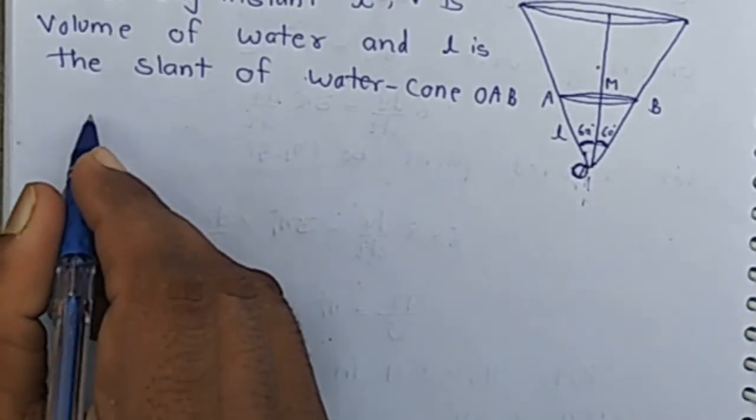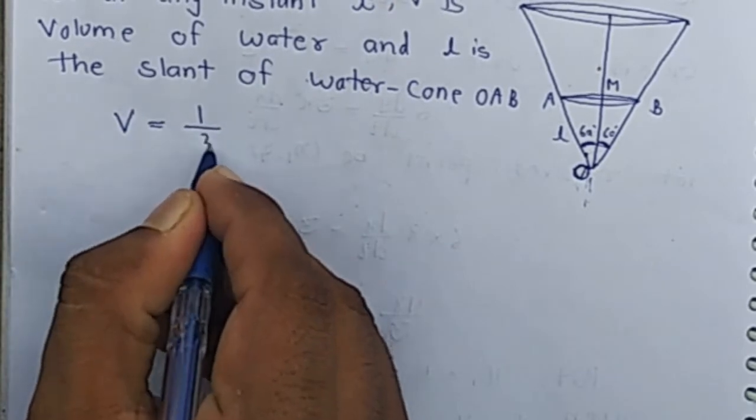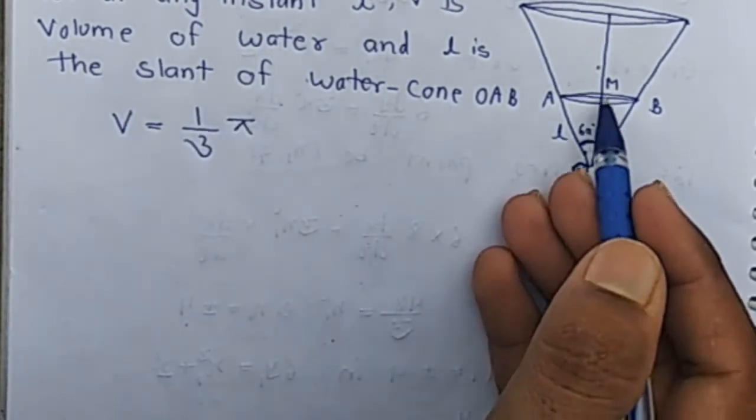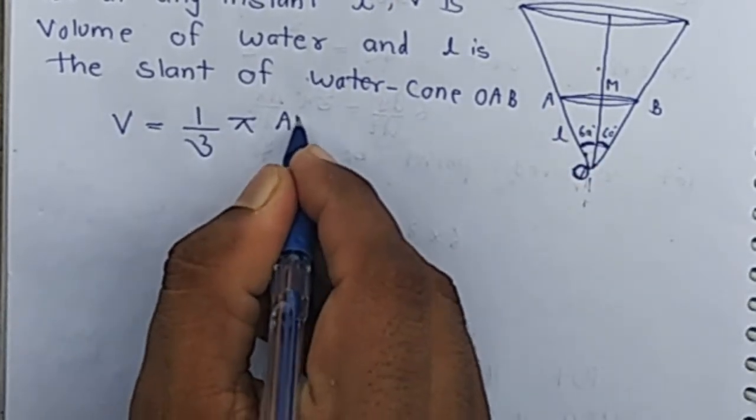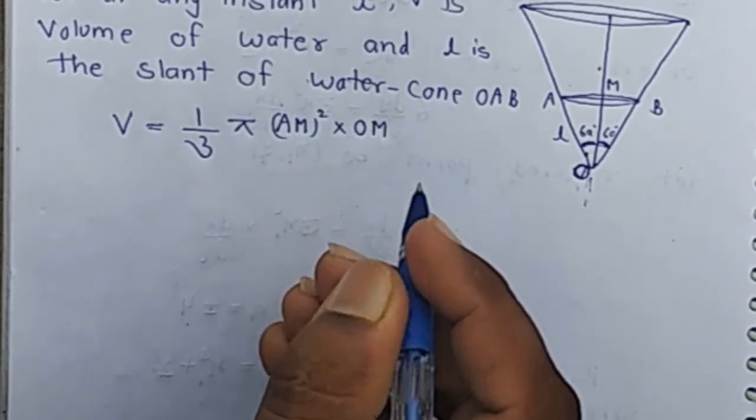V is the volume of water, and the volume of water is given by 1/3 pi r square h, that is AM square into OM.